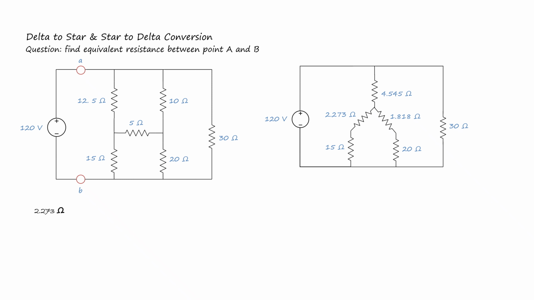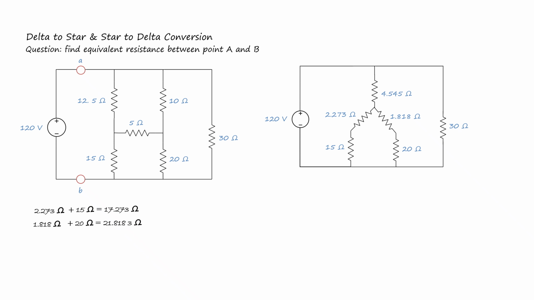Before we calculate, 2.273 plus 15 ohms, since they are in series so we add them, gives us 17.273. And on the right side, they are also in series, so we add them: 1.818 plus 20, which gives us 21.818 ohms.